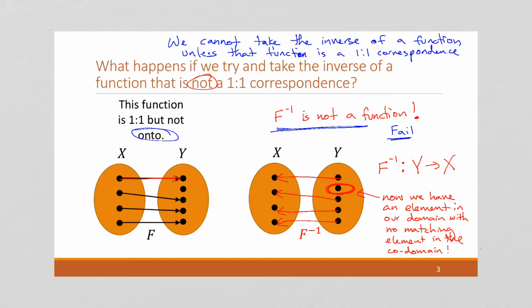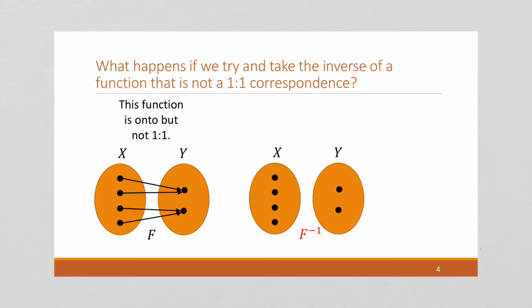So we've seen that with one direction, when it wasn't onto. Let's take a look when it's onto but not one-to-one. What happens if we try to do this to a function that's onto but not one-to-one?